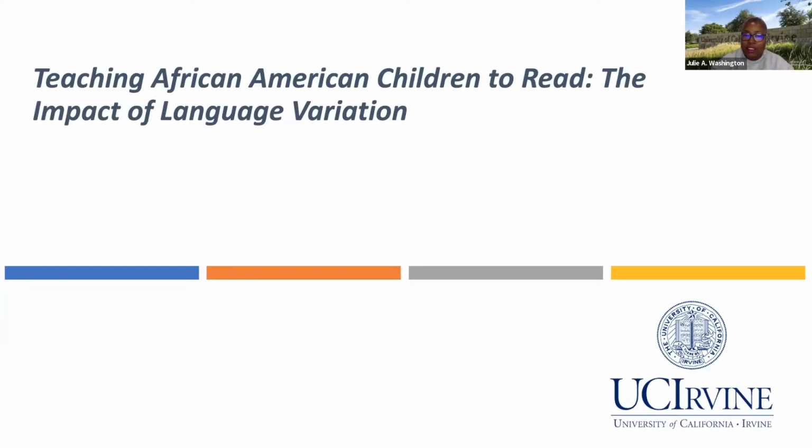And so when I started doing work in the schools and going in focused on assessment, it became very clear that there was a significant reading problem among African American students in the schools. And I was really interested in the impact of language variation on the reading issues that we experience with African American children.